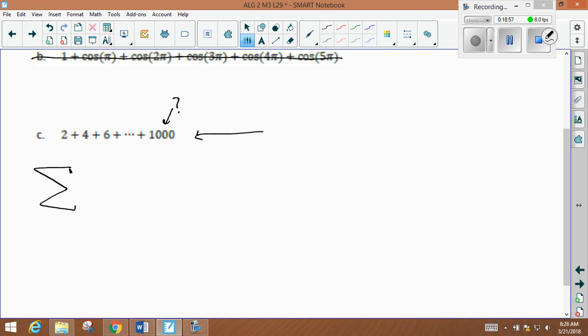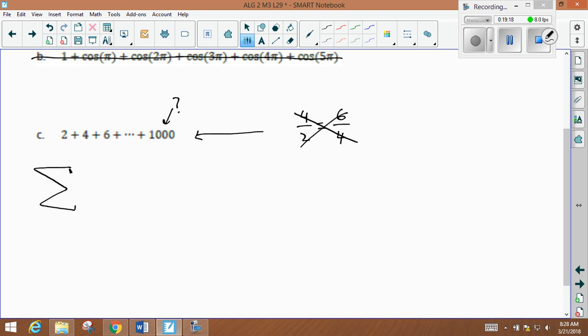Oh, well, hold on. We can find out if it's geometric. Let's see. So 4 divided by 2, is that equal to 6 divided by 4? No. So it's not, sorry, it's not a geometric series. I said arithmetic, but it's not geometric, okay? So we got to figure out what is going on. You're saying the power of 2?